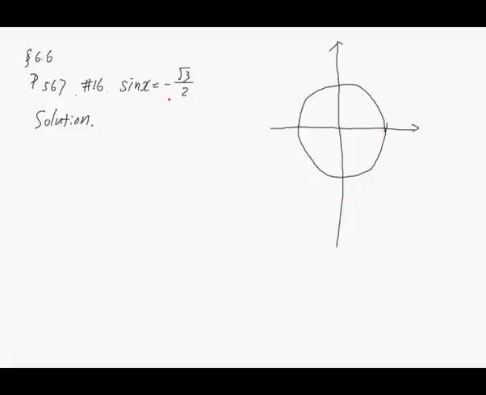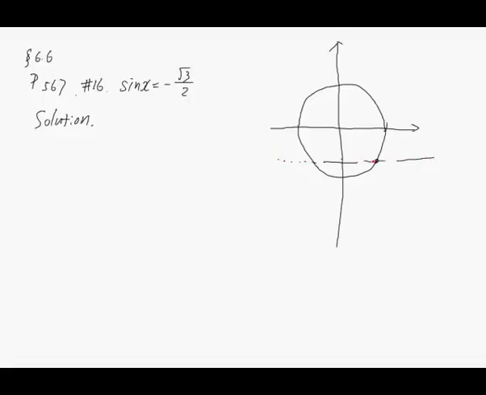We know that to find the solution to this equation is to find the terminal point on this unit circle whose y coordinate is equal to negative root of 3 over 2. So let's try to find the point with negative root of 3 over 2 as the y coordinate. Negative root of 3 over 2 is about here, right? Then you can draw one line through this point.